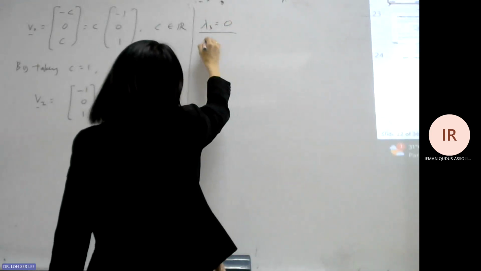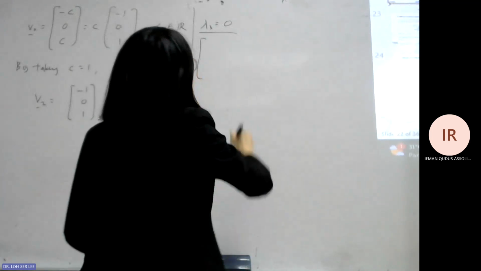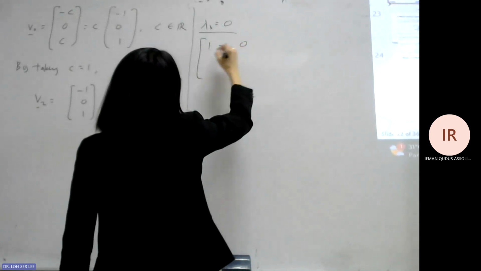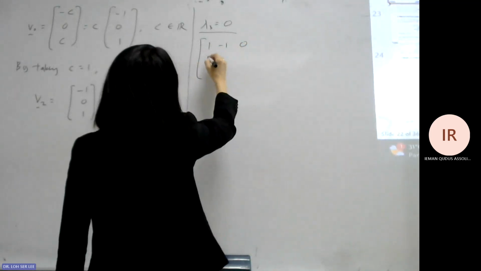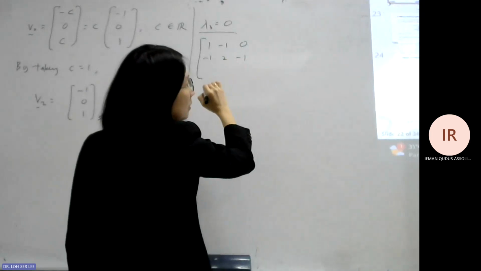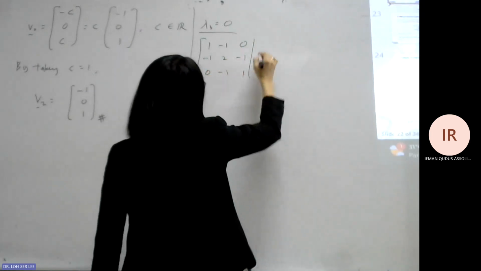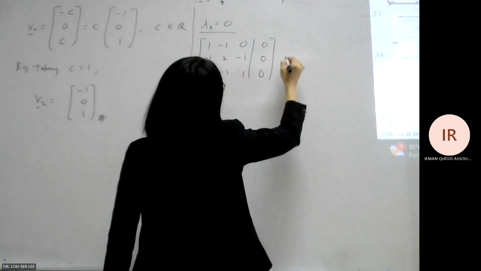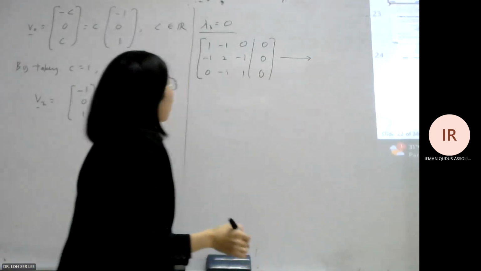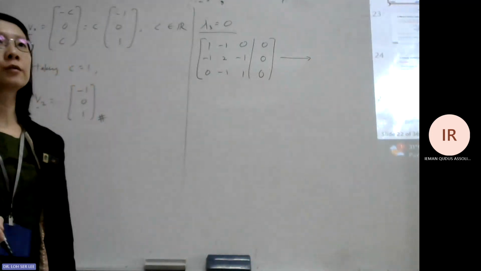Lambda 3 is 0. So you have 1, negative 1, 0. Negative 1, 2, negative 1. 0, negative 1, 1. Okay, row reduce.